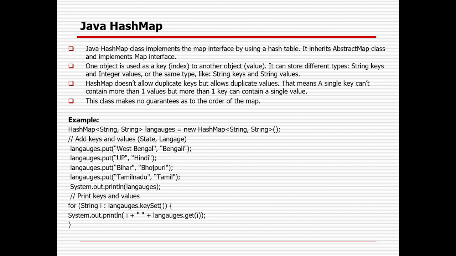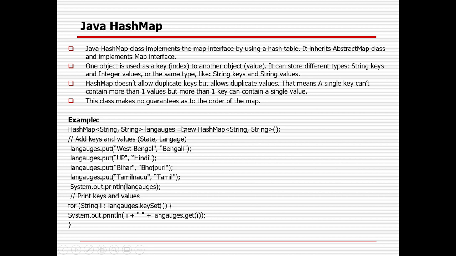Whatever is unique is considered the key, and whatever is the other one is called the value. That's why I have given it HashMap, and here you need to provide two data types: the first one is the key, the second one is the value, and then the variable name. Whenever you are adding, you need to use the put method, and to print out you need to use the enhanced for loop.